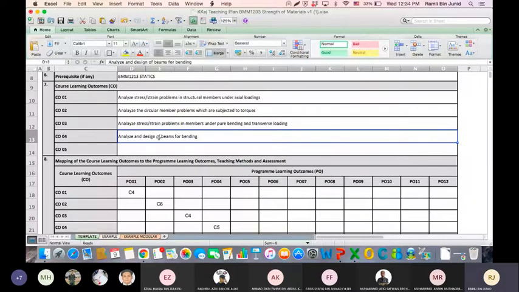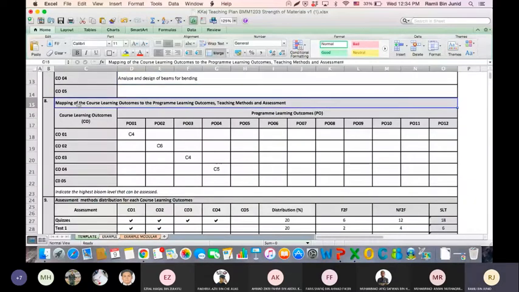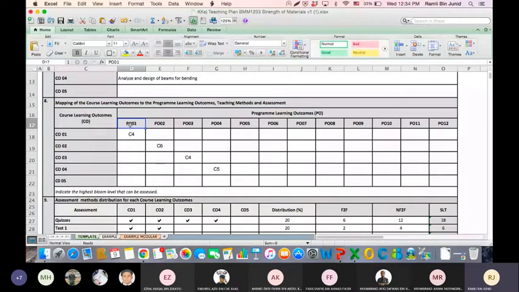And then this is called the map of the CO to program outcome. For your bachelor's degree, for example, you are enrolling in the Bachelor of Mechanical Engineering. In order to be a mechanical engineer and be awarded the degree, you must fulfill all these 12 program outcomes, PO.